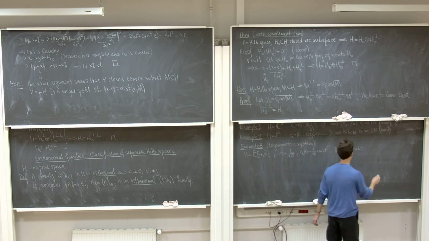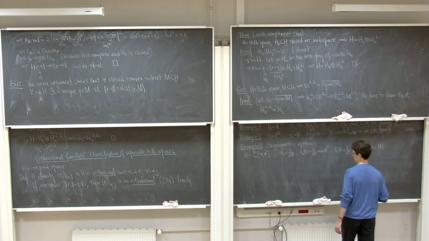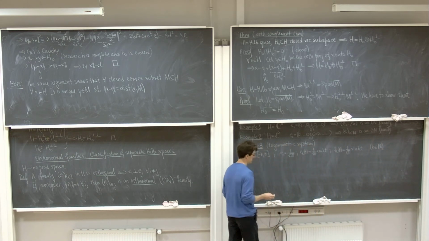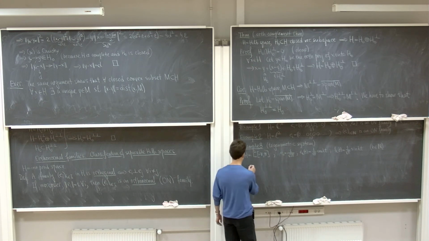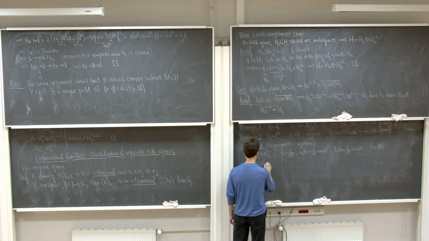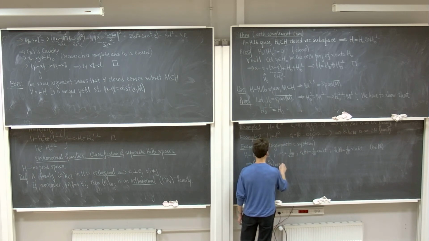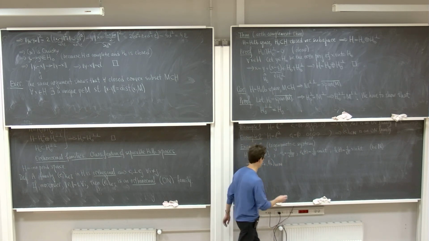Here k is a natural number. Then it is a standard fact, which is very easy to check, that the family containing e_0, e_k, and f_k, where k runs over natural numbers, is an orthonormal family.